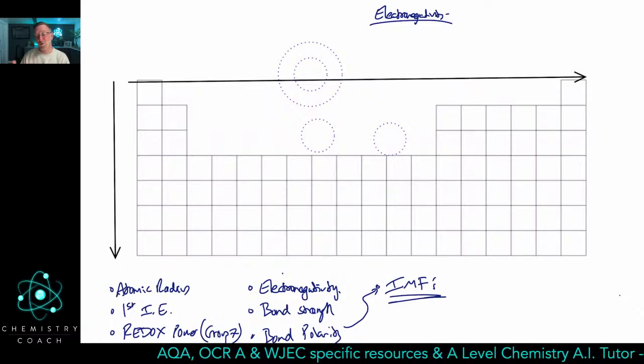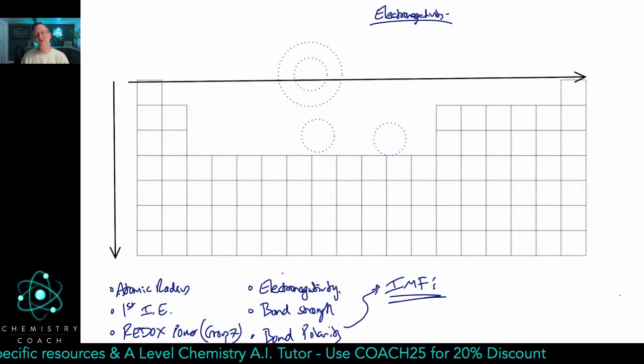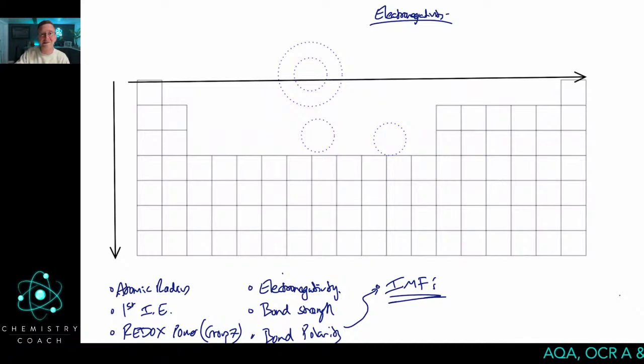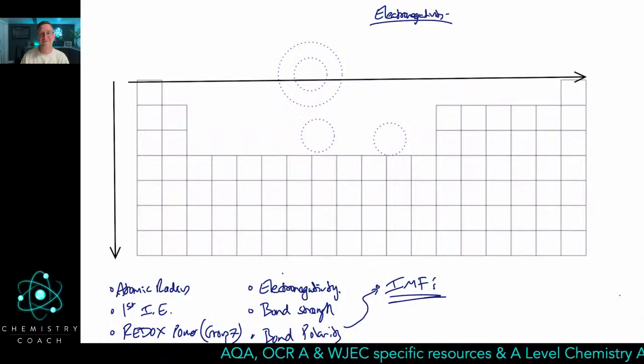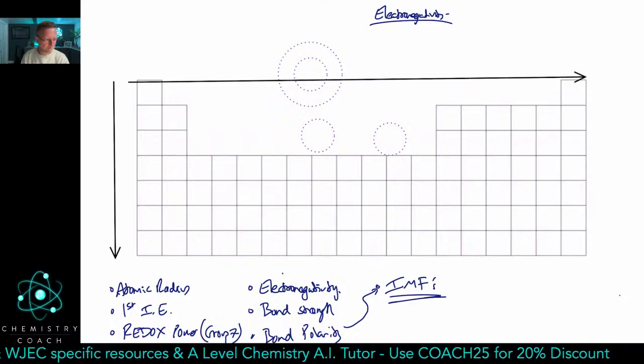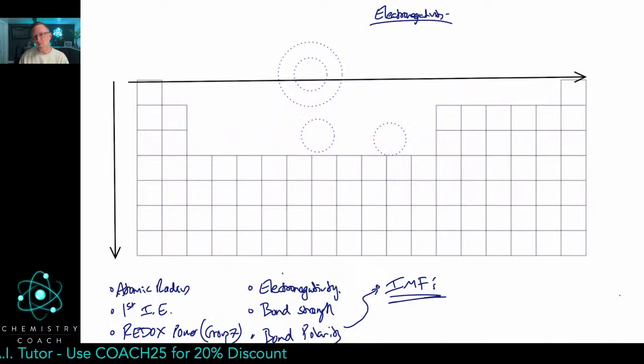And again, it's all because of the amount of shielding, the distance between the nucleus and the outer electron, the atomic radius, and essentially the attraction of that nucleus to either the electrons in the atom, or the electrons that are passing by in redox, or indeed the electrons in a covalent bond if you're looking at bond polarity and electronegativity.